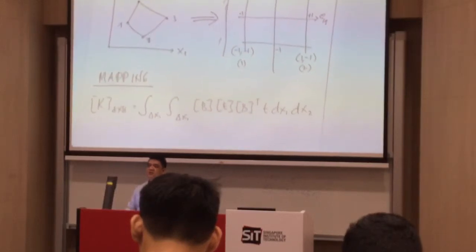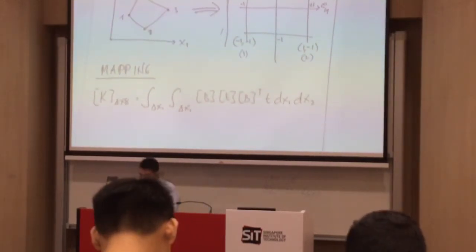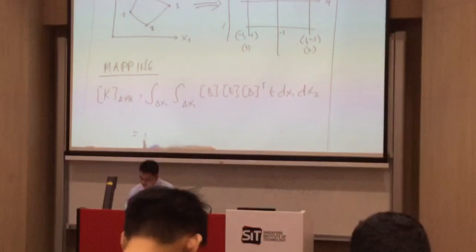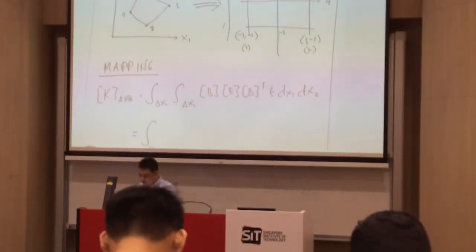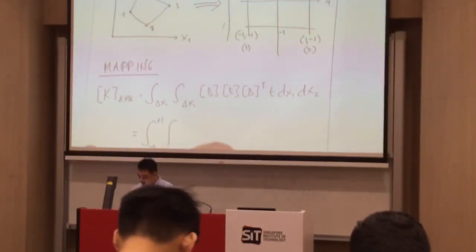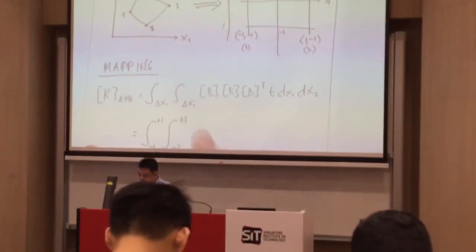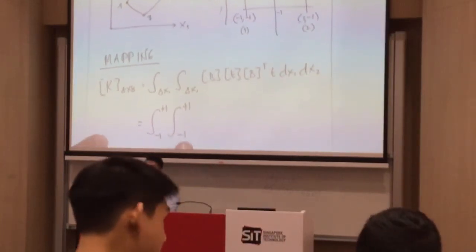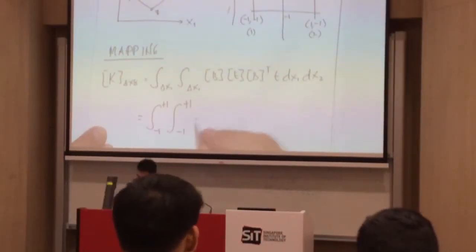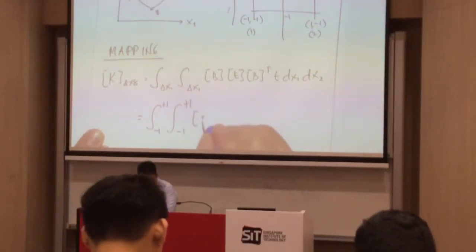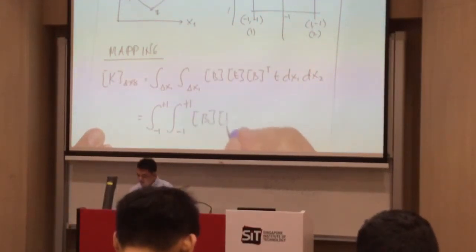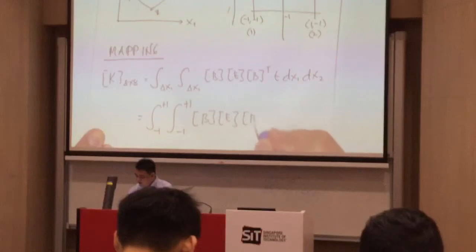So this one now will become the integral from -1 to +1, -1 to +1. So we have now a definite value for this one. And then this one will be your B, E, B transpose.